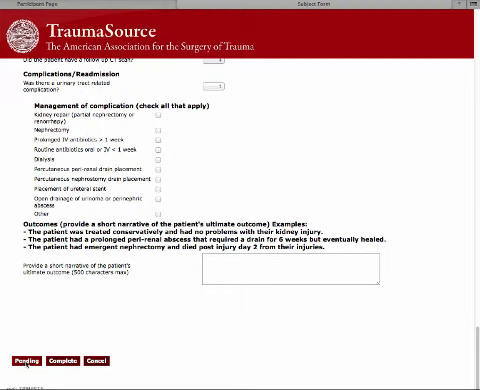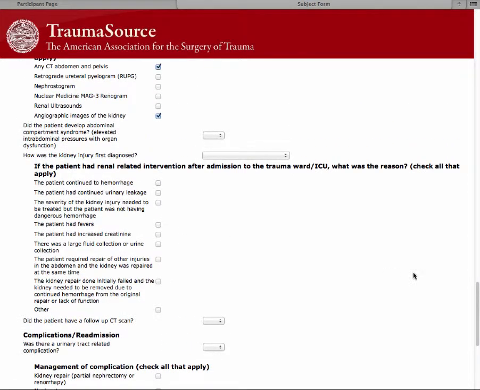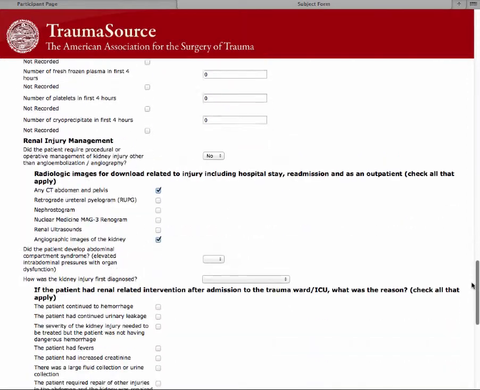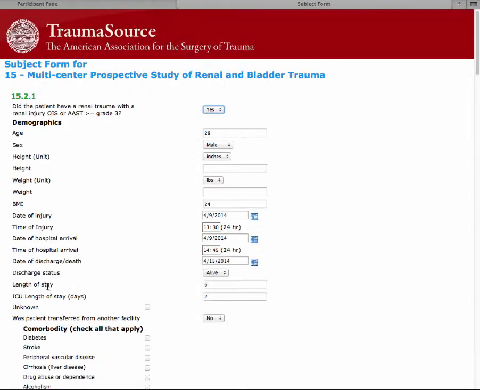This will save the record and allow the trauma practitioner to come in and check some of these other issues, like did the patient have abdominal compartment syndrome, what was their clinical course, etc. So this is absolutely critical that you don't check complete, but you check pending at the end of the first tier of data entry. So I'm going to check pending.